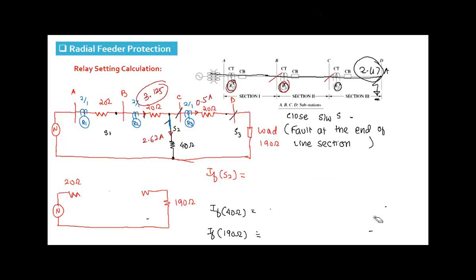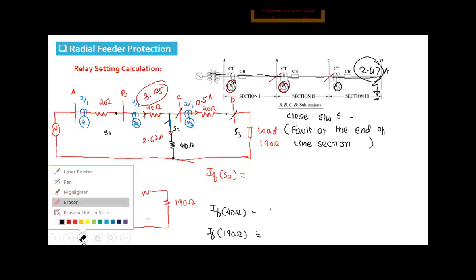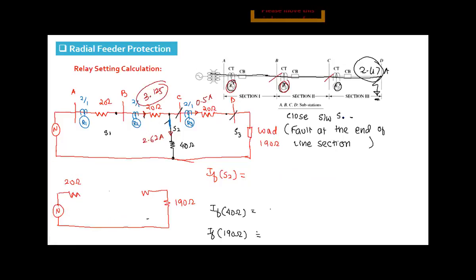If we close switch S1, where will the fault occur? At the end of line section AB, and the diagram will look like this. Please calculate now.